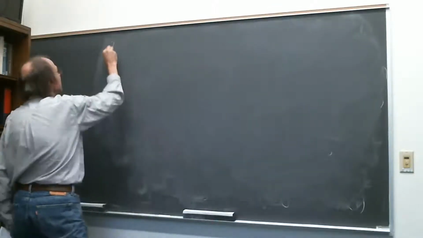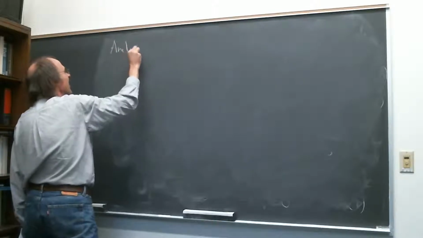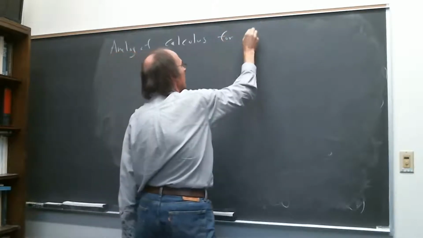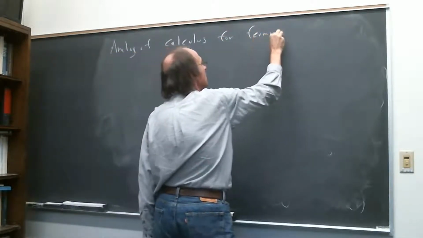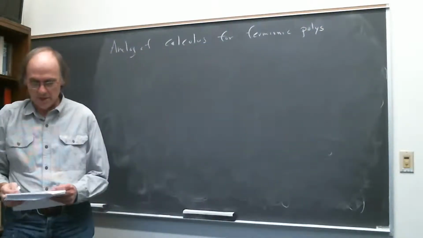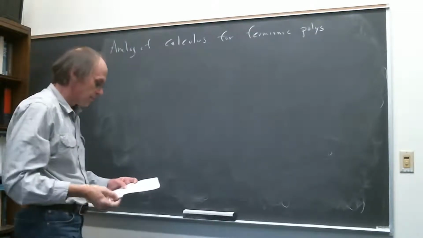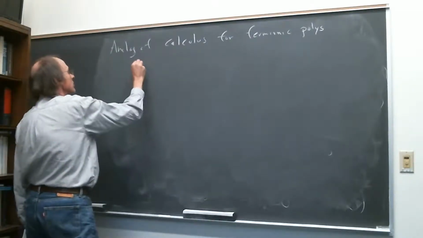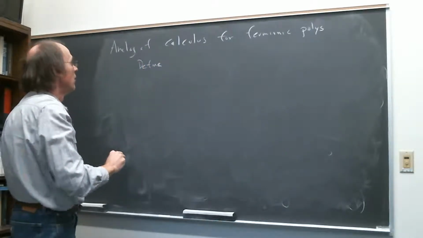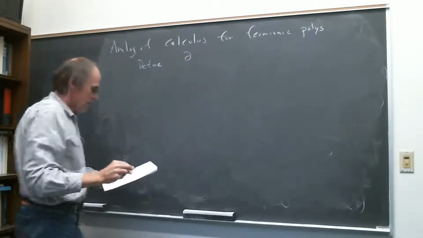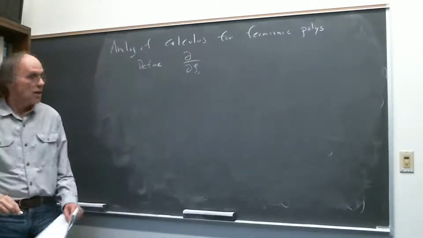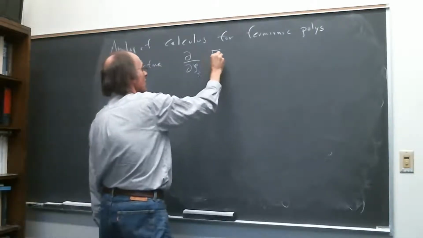There's an analog of calculus for fermionic variables. You define the notion of derivative with respect to psi j, and what it is on some function.